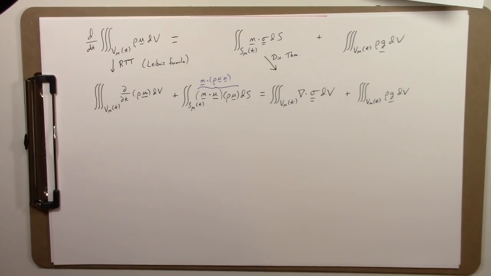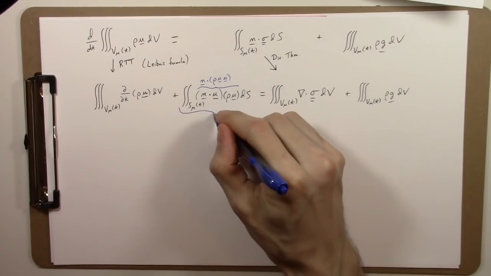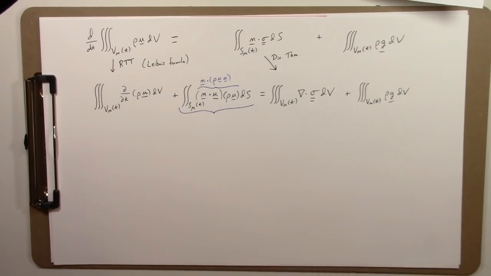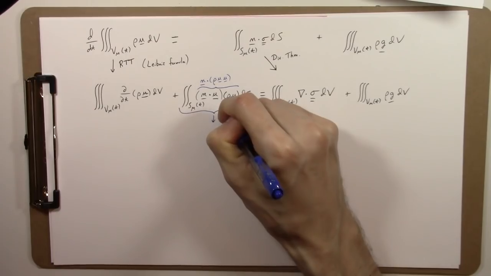So finally, we can convert this surface integral that we obtained from the Reynolds transport theorem into a volume integral by once again applying the divergence theorem.